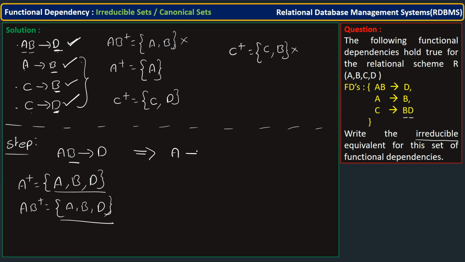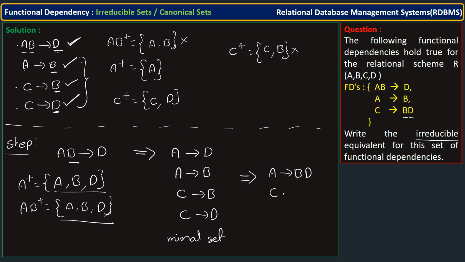So A derives D, and the remaining are A derives B, C derives B, C derives D. This is the minimal set. From this, by the union rule, A derives BD and C derives BD. So this is the canonical form.